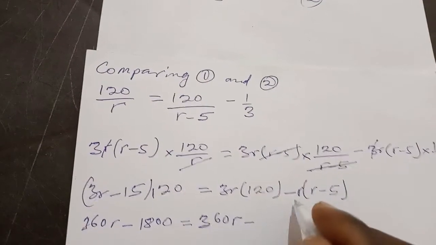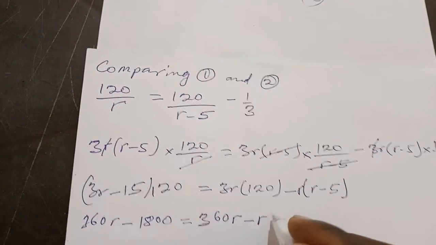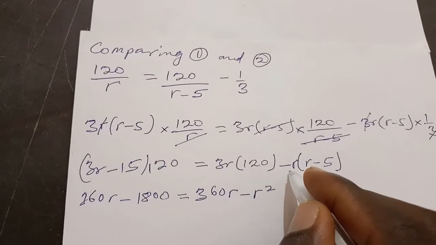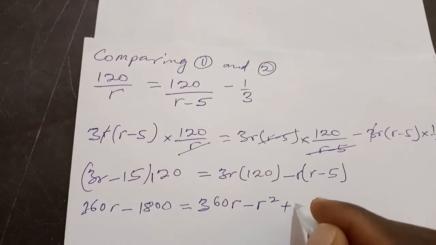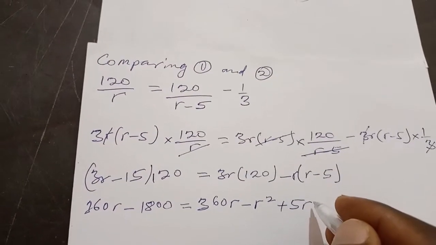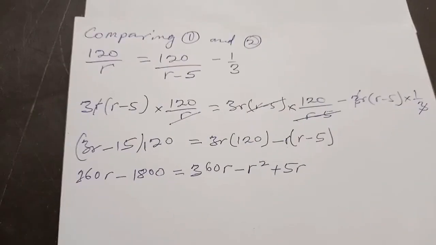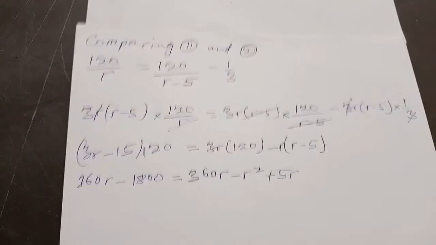Then negative r times r will give us negative r squared. Negative r times negative 5 will give us positive 5r. This is not all. We have to now arrange the terms and solve.